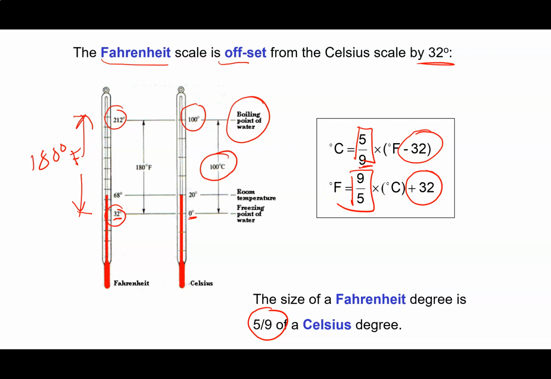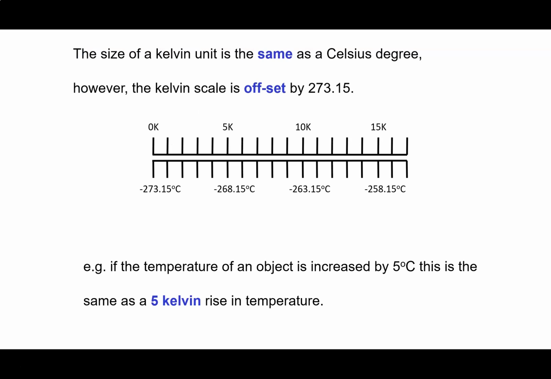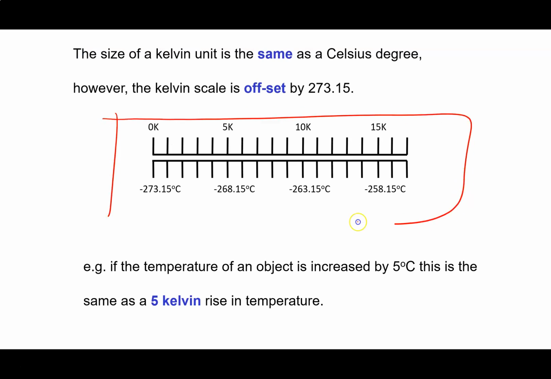Now, the situation relating Celsius and Kelvin is quite a bit simpler. So I'm just going to skip over that example because it's not particularly relevant. The size of a Kelvin unit is the same as a Celsius degree, but the Kelvin scale has a 0 point that is offset by 273.15 degrees.